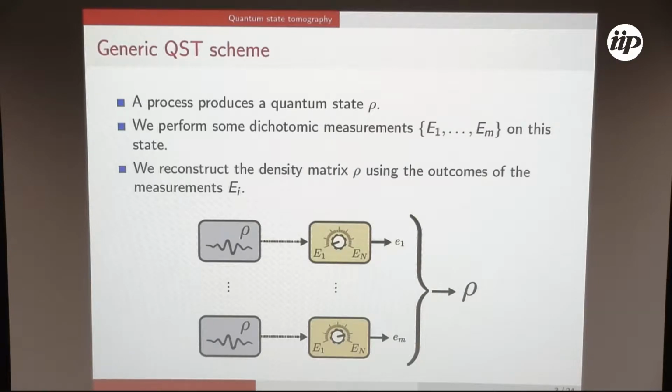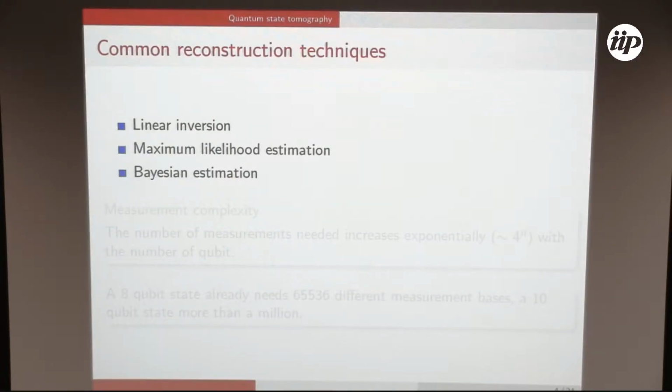Now, these procedures are by no means unique, as you know. The most common procedures are probably linear inversion and maximum likelihood estimation, but also Bayesian estimation, which has some interesting properties.